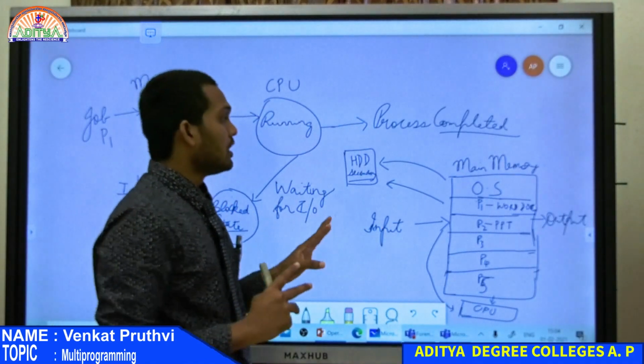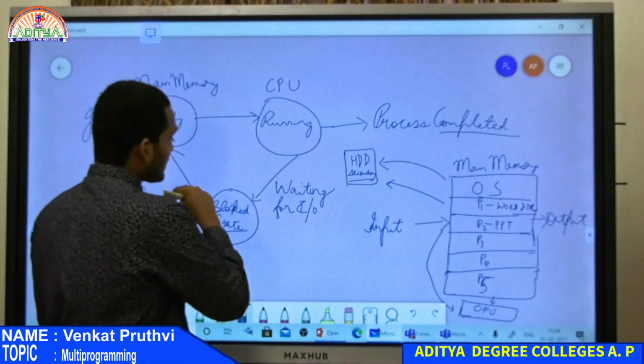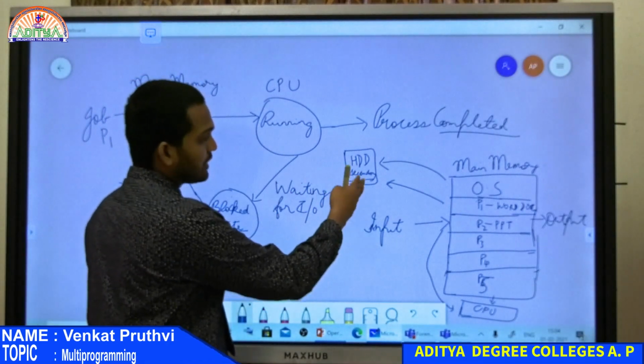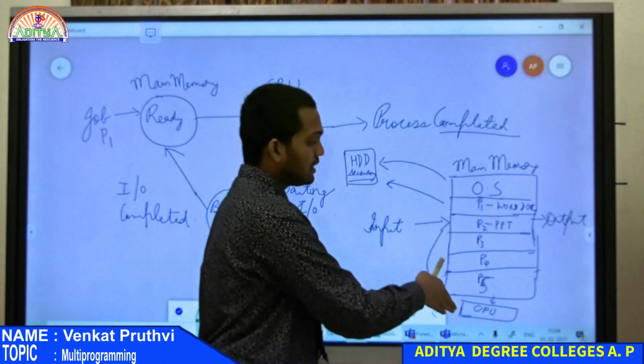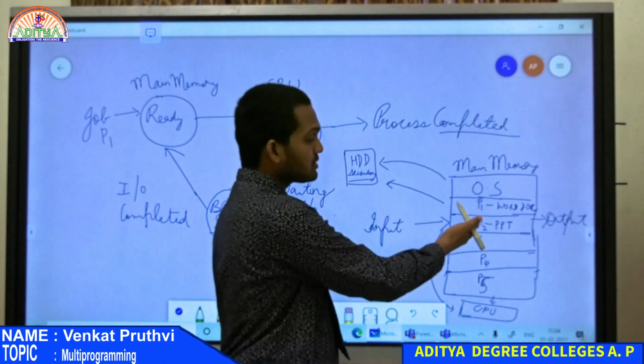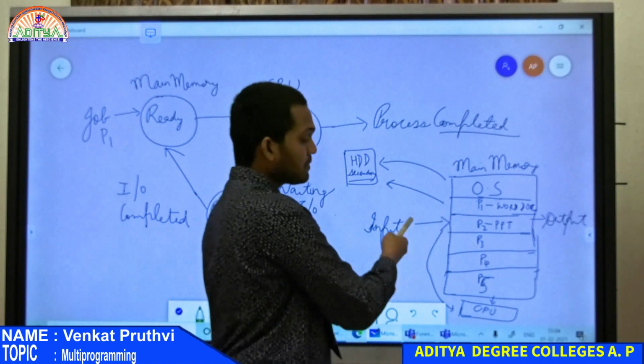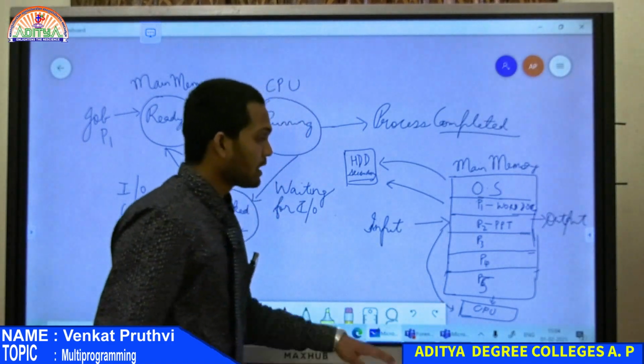and it completes its process. Now, in this process where it went down and was trying to fetch the data from the secondary memory, the CPU is idle, so the second process in the RAM, that is main memory, is assigned to the CPU.